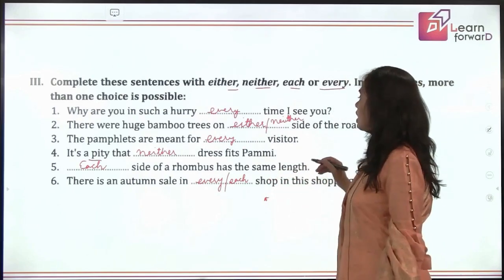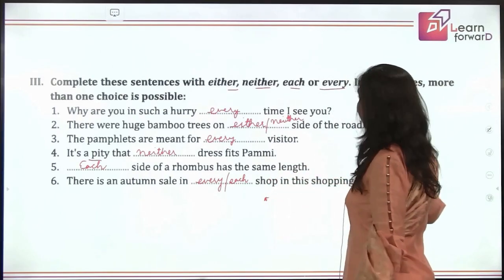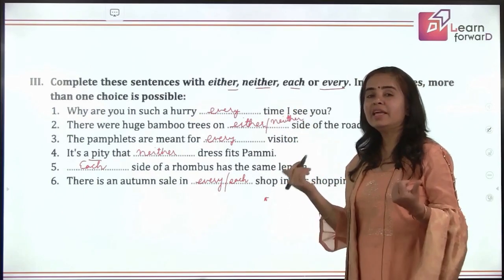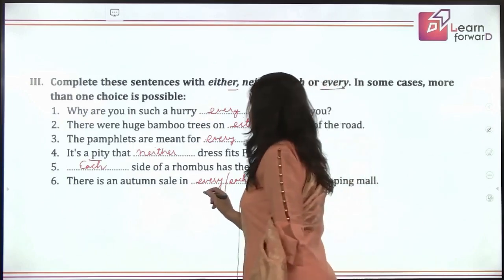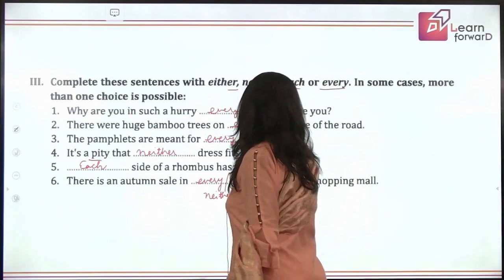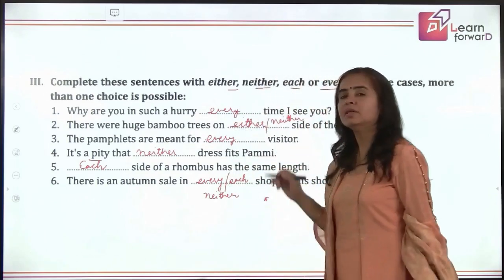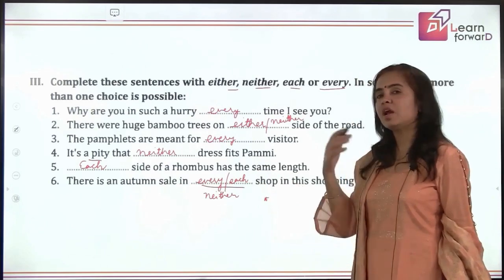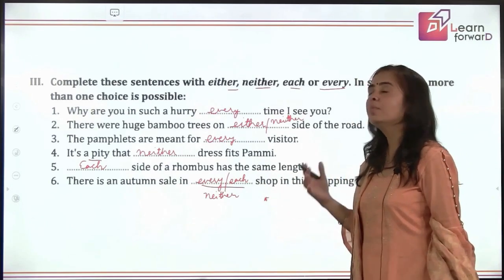So both are possible here. And then yes, it can be neither also. That means in none of the shops. There is an autumn sale in neither shop in this shopping mall. That can also go, but we go for every and each. We are talking about the sale in a positive way.